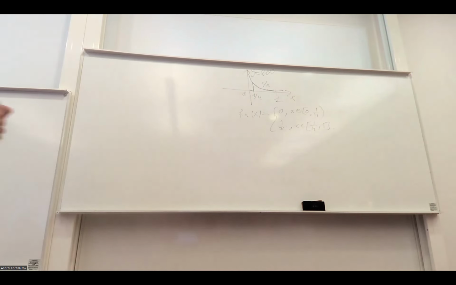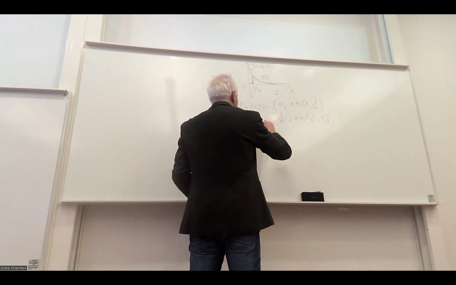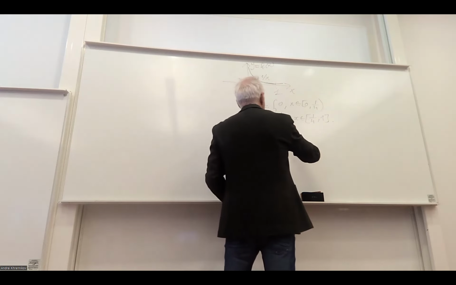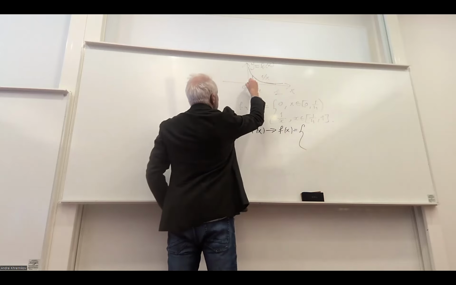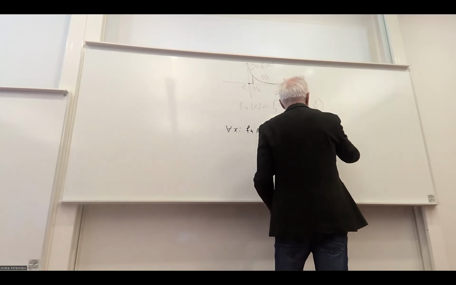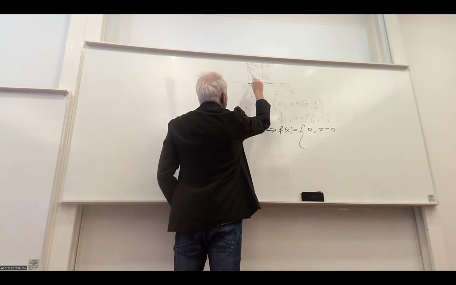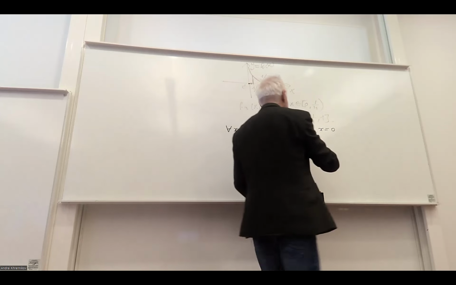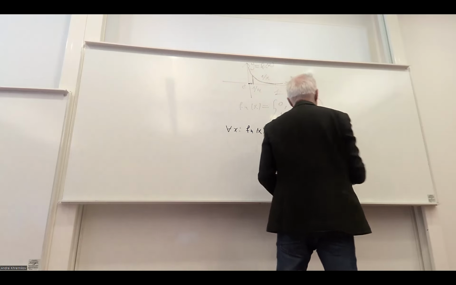Pointwise, what happens with them? f_n(x) converges for any x to f(x), which at 0 is always 0. So it is 0 at the point 0. And if x is not 0, sooner or later the cut will come past it and the function will become 1 over x. So the limit is 1 over x for x not equal to 0.